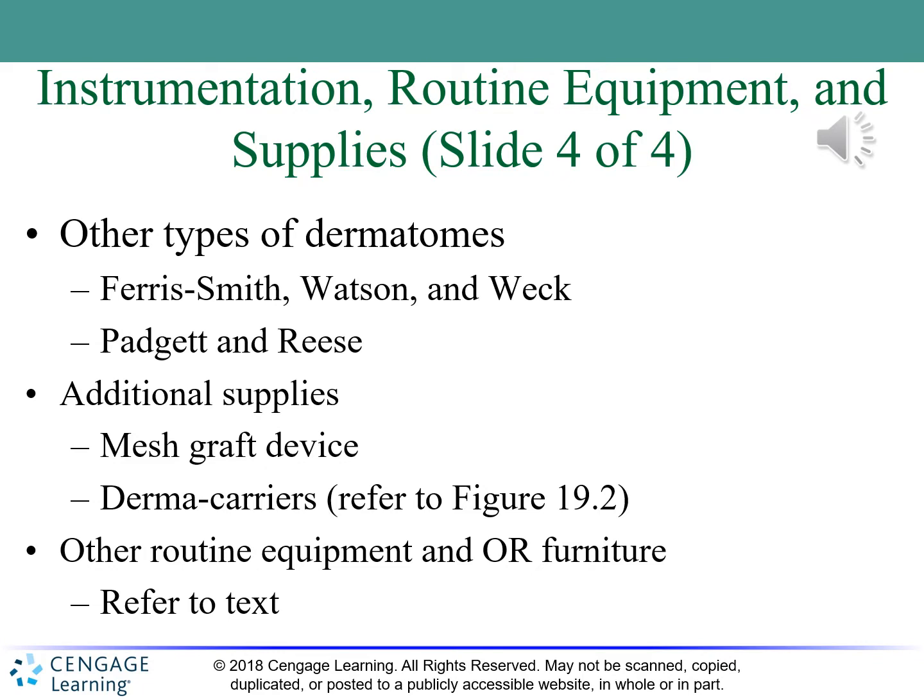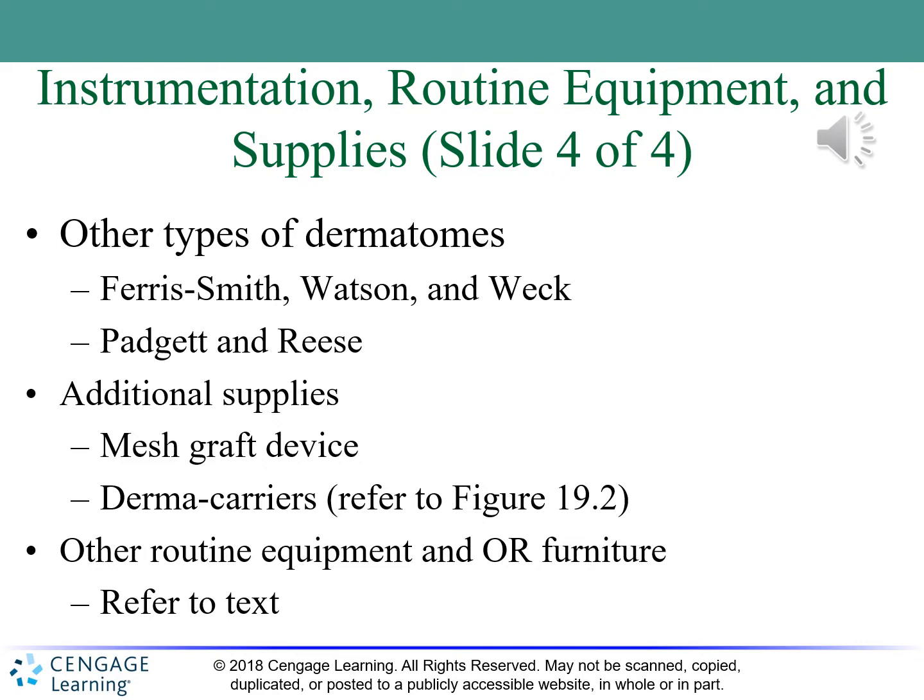And you'll see why here in a little bit when we talk about these different types of dermatomes. But you need a nice slick surface, so the skin graft that you're shaving off that patient doesn't get bunched or balled up in the dermatome. You want it nice and lubricated.